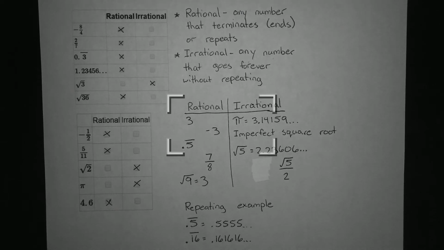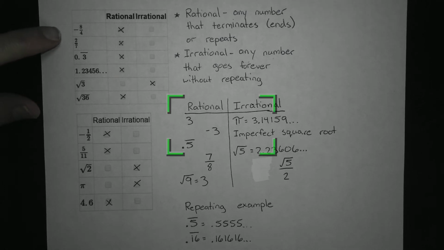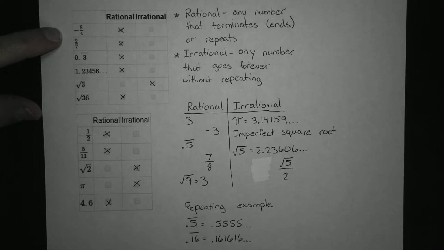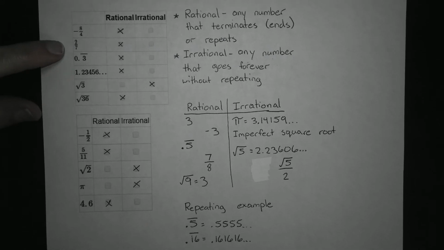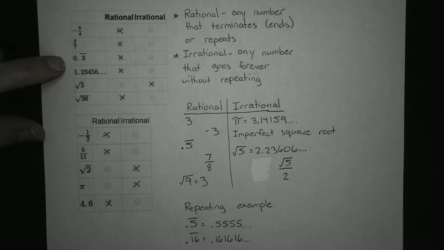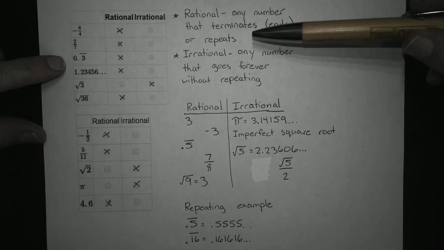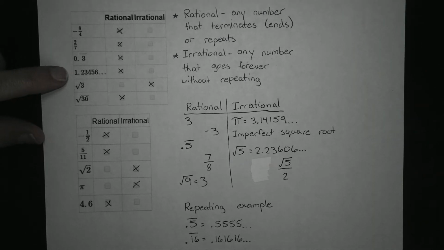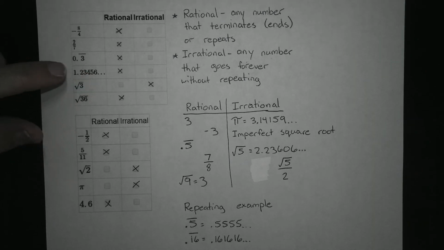So let's take a look at our answers. This first one here, -8/4, is rational because it's just a regular fraction. 2/7, again, a regular fraction. 0.3 repeating, so it repeats, meaning rational. And this one goes forever as indicated by the little dots, and it is not repeating.